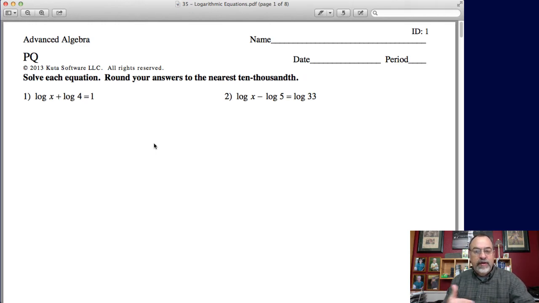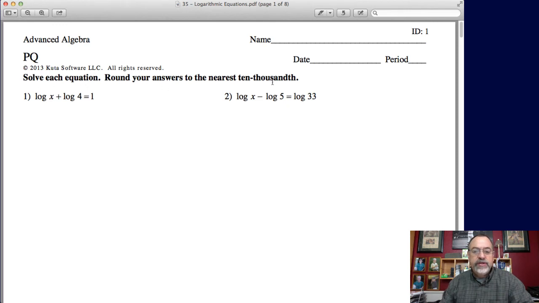Now in these examples that we're going to do, we have multiple logarithms, so we're going to have to apply those properties of logarithms that we've talked about, get it down to a single logarithmic term with the variable, and then do that inverse operation at the end, changing it to its exponential form, then to finish off solving for the value of the variable. Okay, a lot of introduction there, but let's go ahead and do some examples, and hopefully it'll become more clear to you as we do these examples.